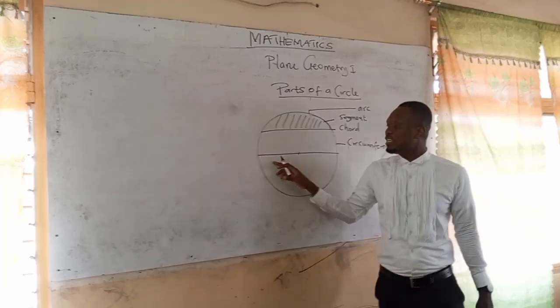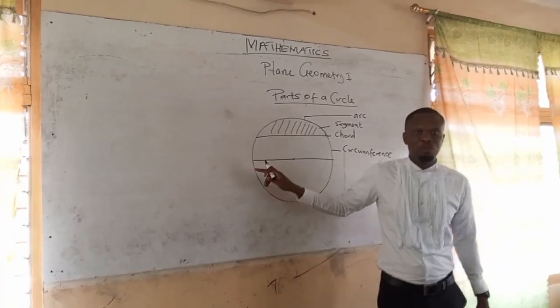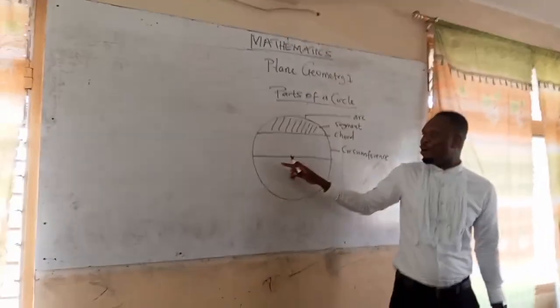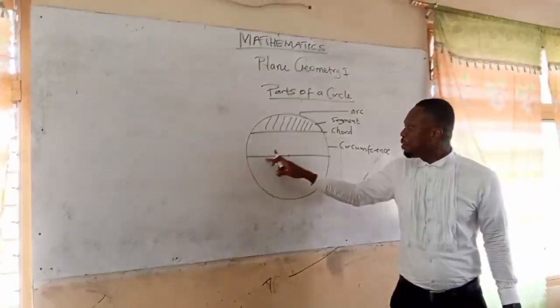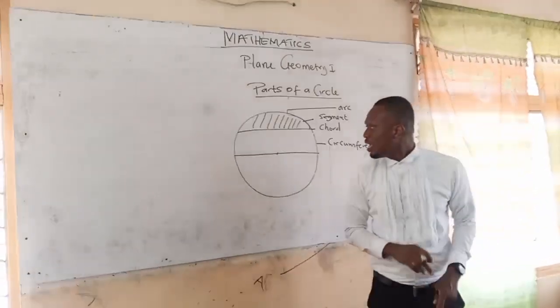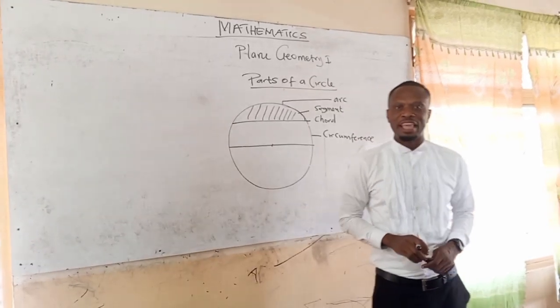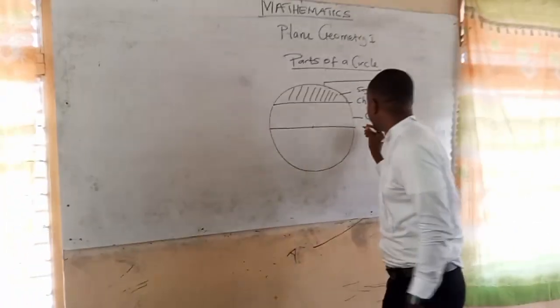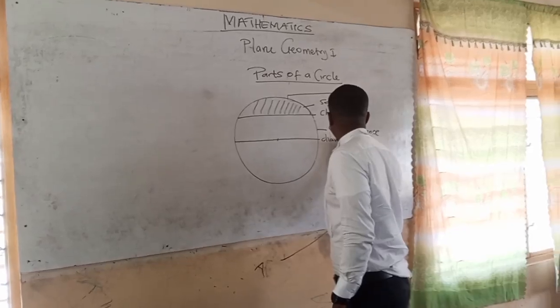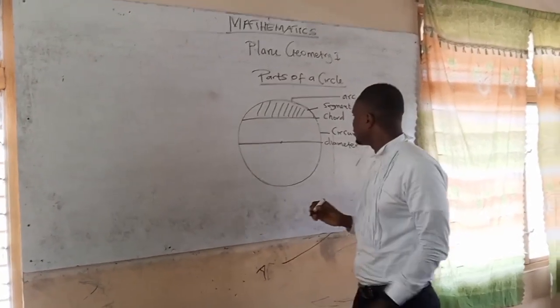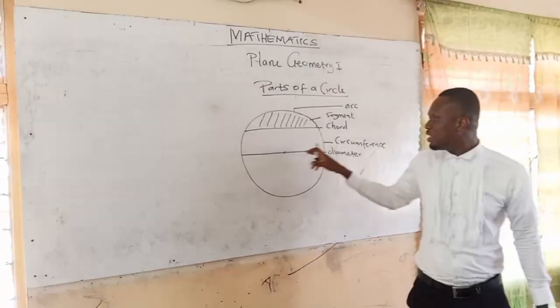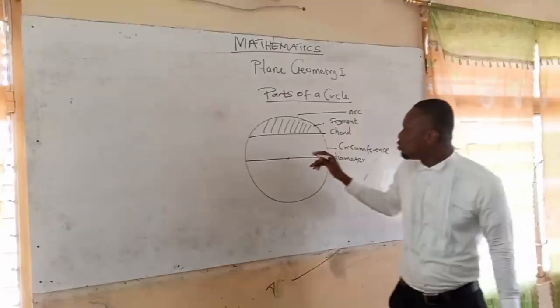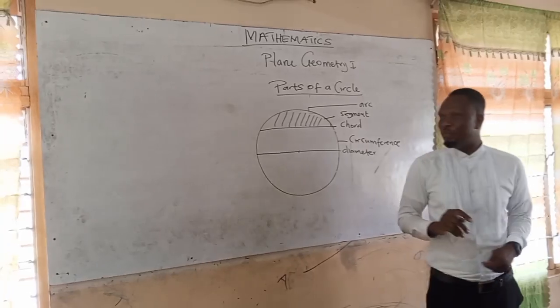Then again, I draw a line, this time passing through the center of the circle. That line becomes a diameter. So the diameter touches both ends of the circumference, passing through the center of the circle.